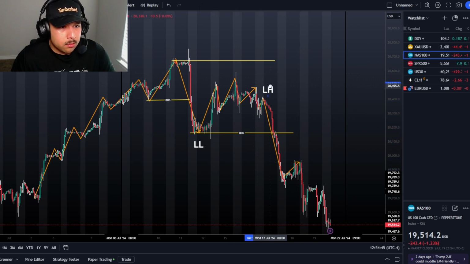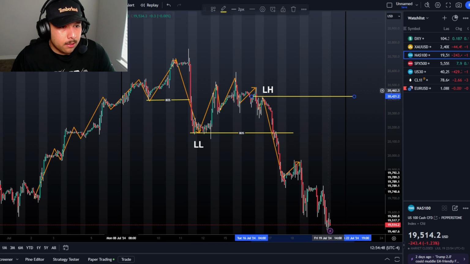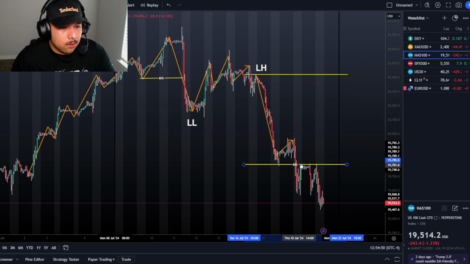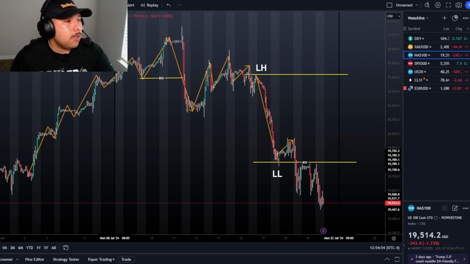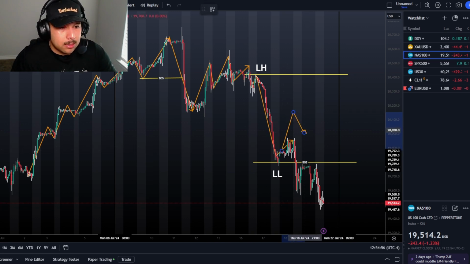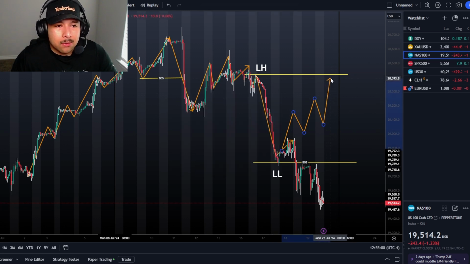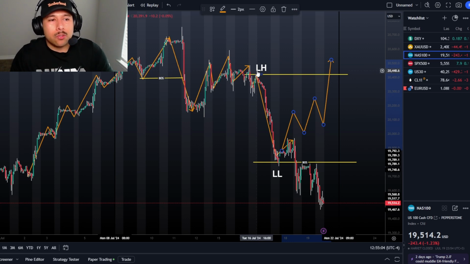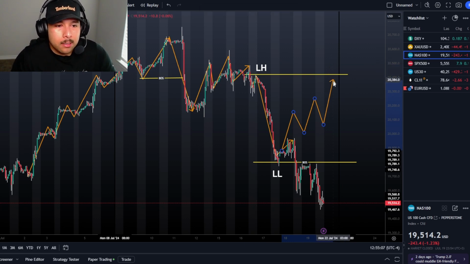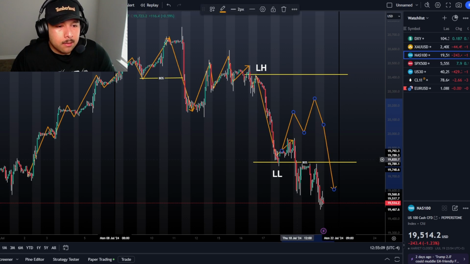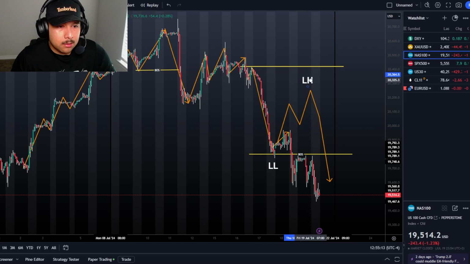So we will mark the lower high there, move our line here, and then move this down to the new lower low. So this is the new lower low. Now we know anything that happens in between these levels is just market structure. It's not anything until it decides to break above the previous lower high, changing the trend from bearish to bullish, or it breaks to the downside, breaks the lower low, creating a break of structure, and then this would be the lower high.